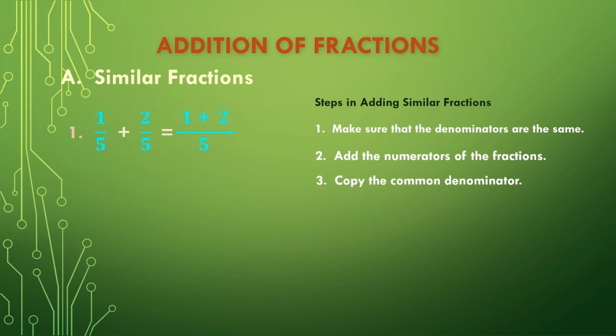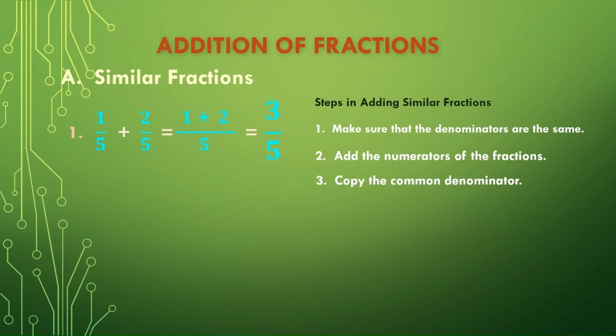Again, remember this, we don't add the denominators, we keep the denominator the same. Only the numerators are added. So 1 plus 2 is equal to 3. 3 is our new numerator, and let's copy the denominator, which is 5.